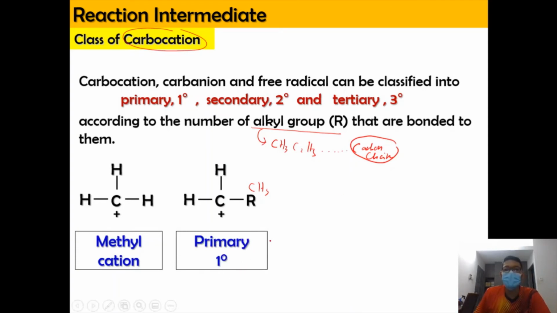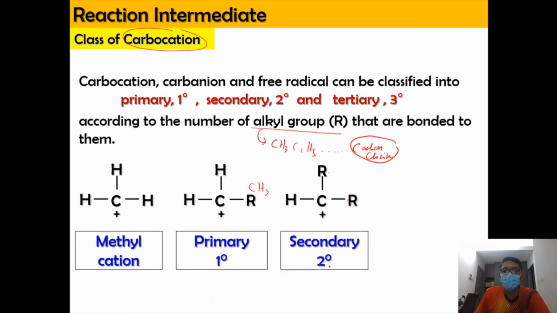All right. If the carbocation is attached to two alkyl groups, it's going to be a secondary carbocation. Next, if the carbocation is attached to three, then it's going to be a tertiary carbocation.